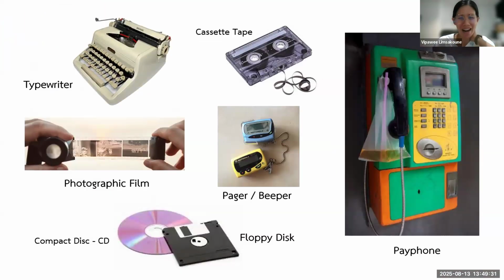These are products that have been used in our society, right? Some of you might not have experience using it. For example, like pager, I think you guys might not use it. Even in my generation, I didn't use the pager, but I know how it works. Like I need to call the station staff, and then they will receive my message, and then they send my message to the pager user.